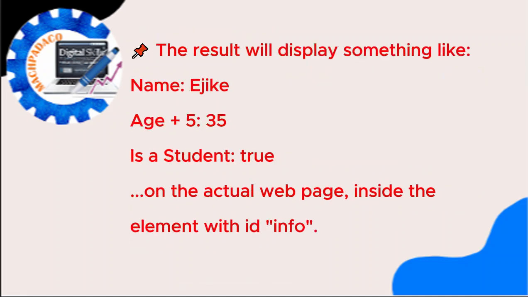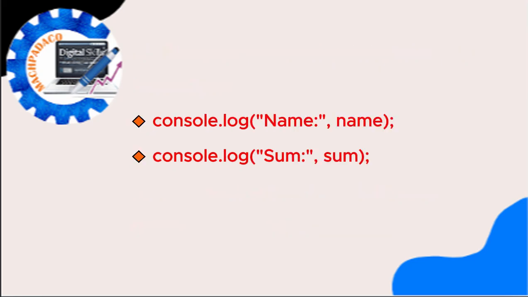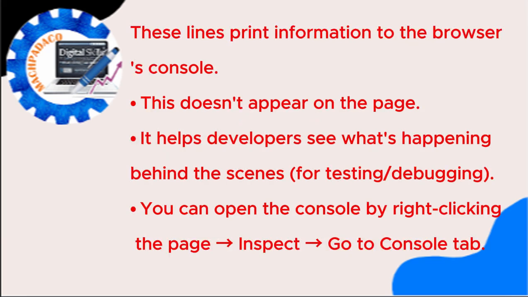The results will be displayed as you see from the screen: name AGK, age plus 5, 35, and student true, on the actual web page, inside the element with ID info. Console.log name, console.log sum. These lines print information to the browser console.